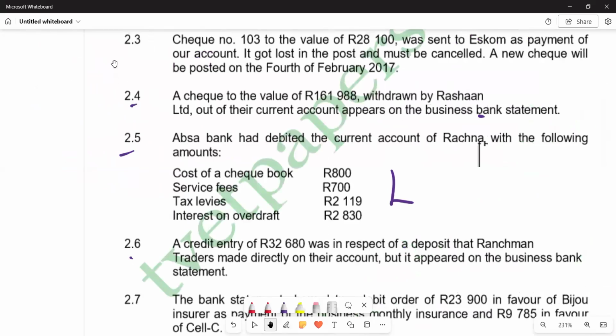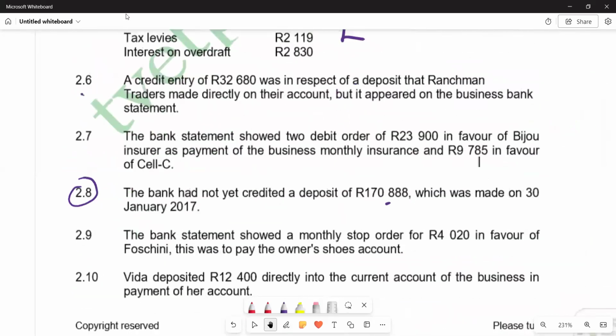Then we can check if you've got any other transaction that is going to affect our bank statement. Then we go to 2.7. We are on 2.7 now, which means that the bank statement shows two debit orders of 23,900 rands in favor of Bijou Insurance as payment of the business partner insurance, and 9,705 in favor of CC.